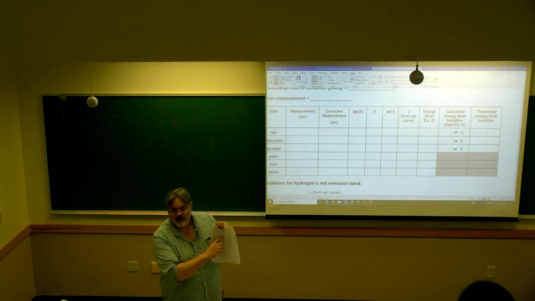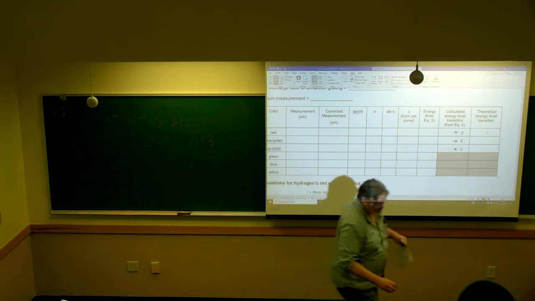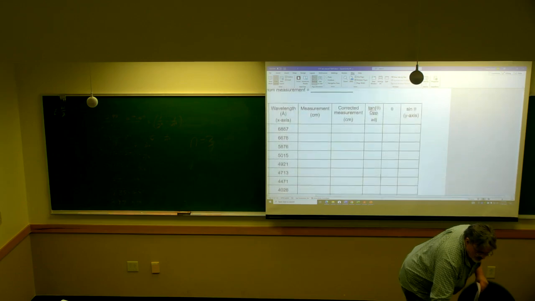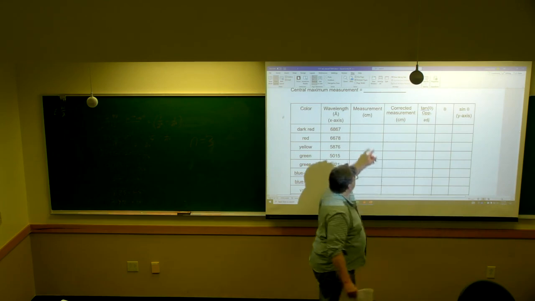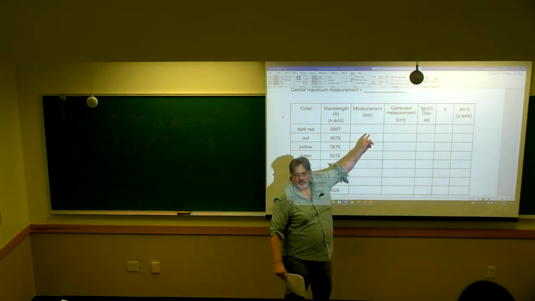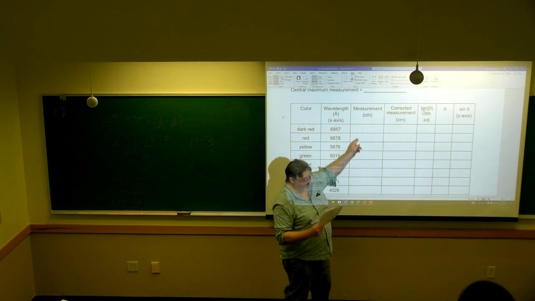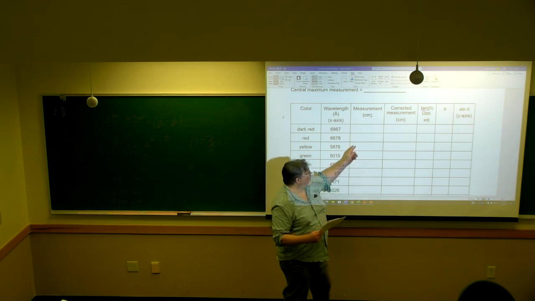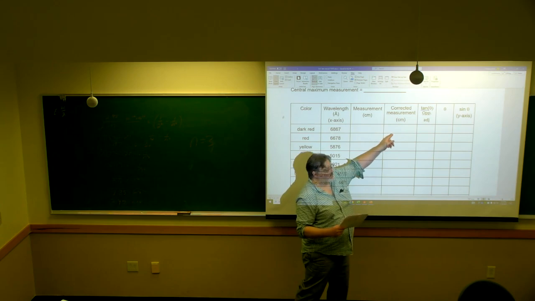Anybody not have that? Be honest, I'm going to help you. I'm not going to dog you. He has 37, 34.8, 30, 25.5. And then you just rewrite it here because that correction was 0.